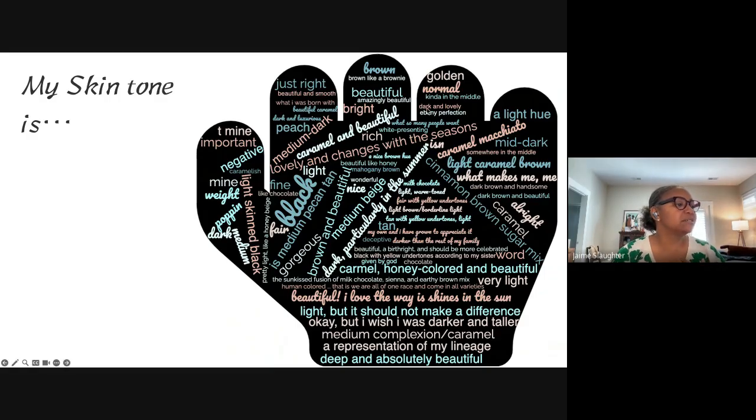So, dark and lovely, ebony perfection. It is caramel and beautiful. It is gorgeous. So here we got to visualize all the different ways that people interpreted this open-ended question when we asked them to describe their skin tone.